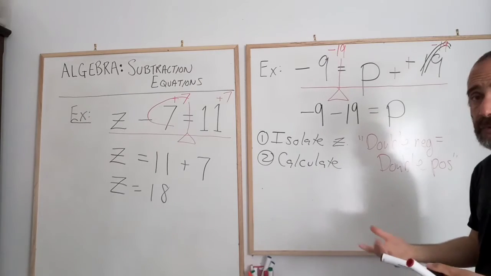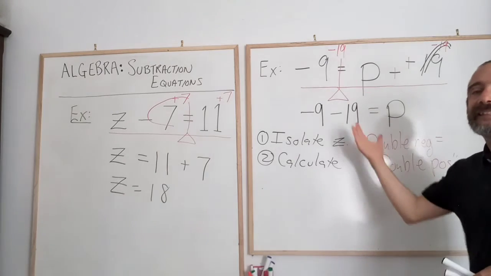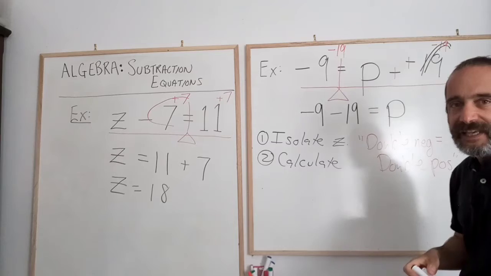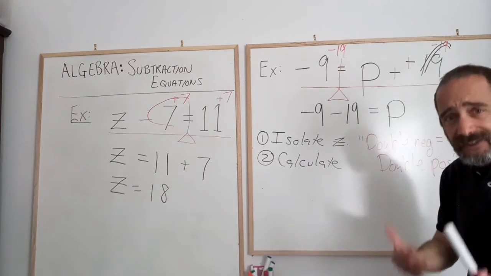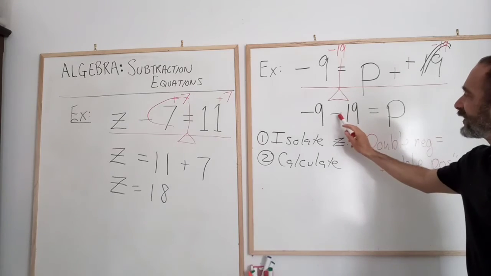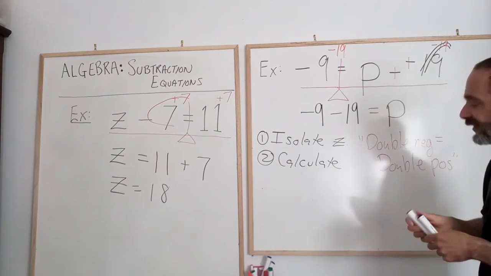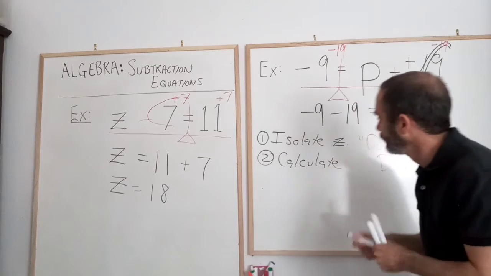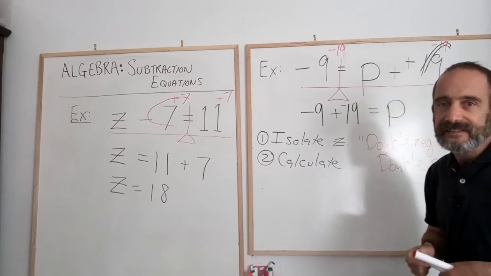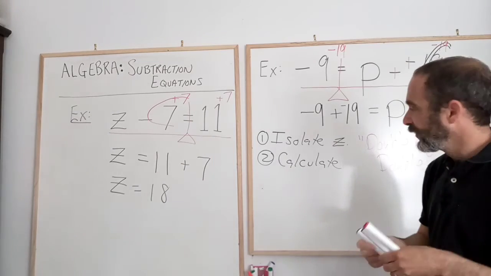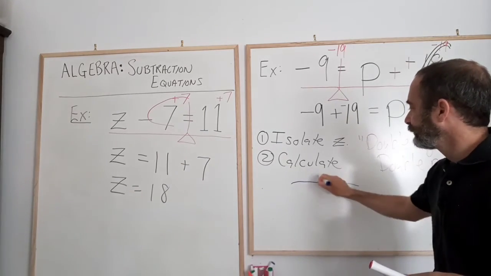The next step is to calculate, right? So this is an integer problem. I don't actually care anymore how you solve integer problems. However, the way I taught you to do it is that subtracting a positive is the same thing as adding a negative. And then you can just use a number line.